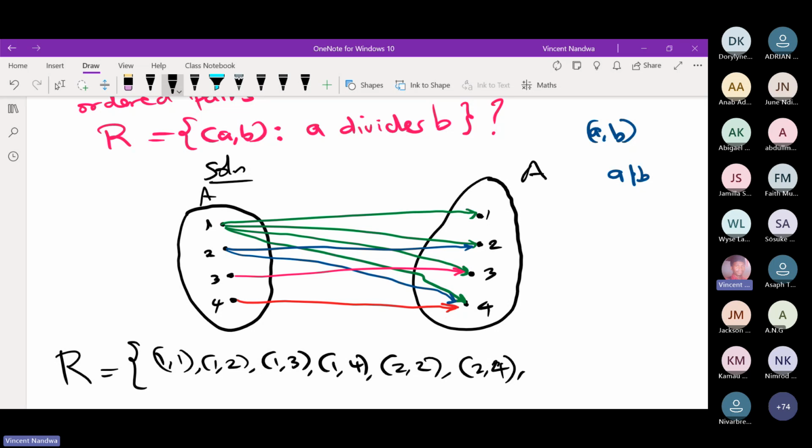And lastly, 3 is paired with 3, and then 4 is paired with 4. So this is how the relation R will be defined.